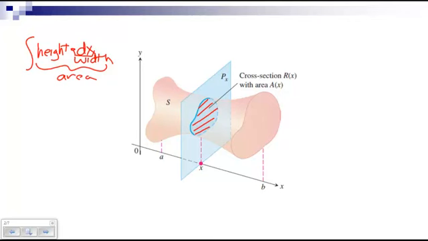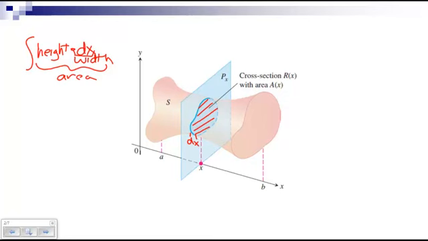That shaded area that I just showed has area. Now, what if I multiplied it by its thickness? I would get the volume of just that one thin slice.